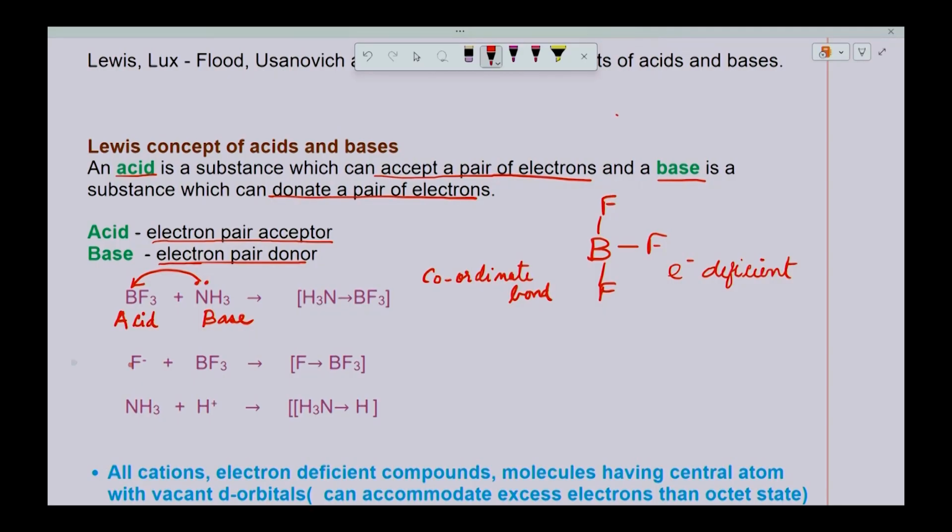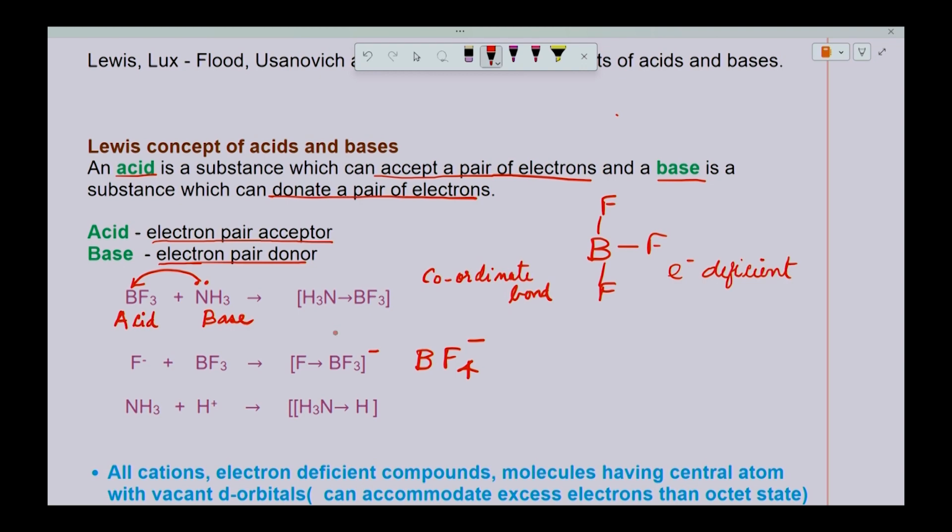Now, take the second case where fluoride donates a pair of electrons to boron trifluoride, which, again, is an electron deficient compound, and it forms a complex with a negative charge on it. This is the ion BF4 minus.